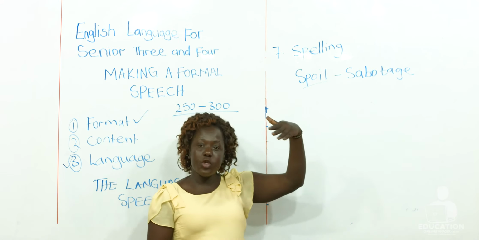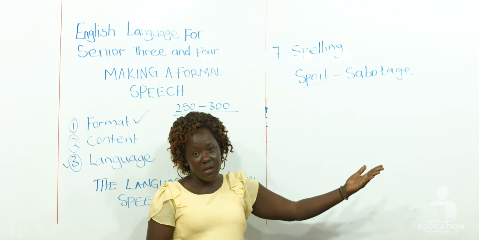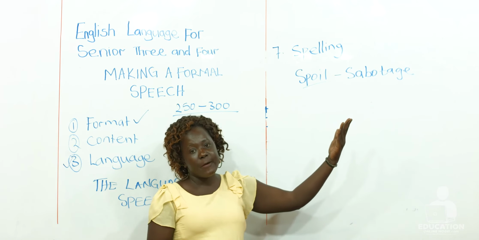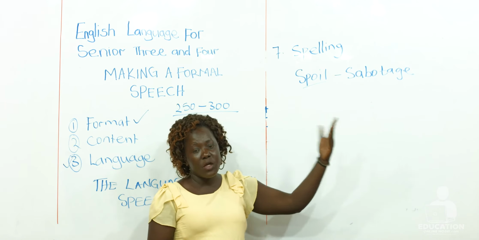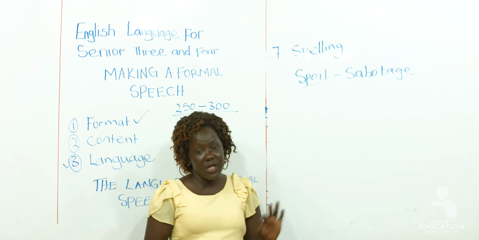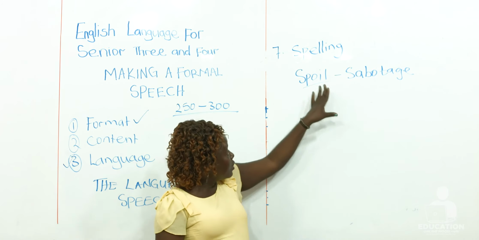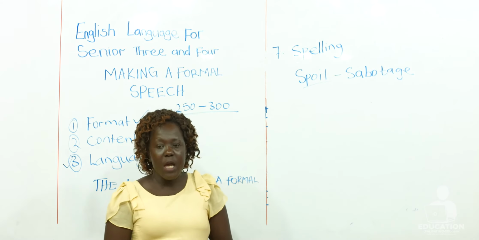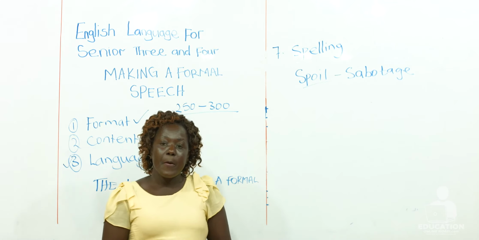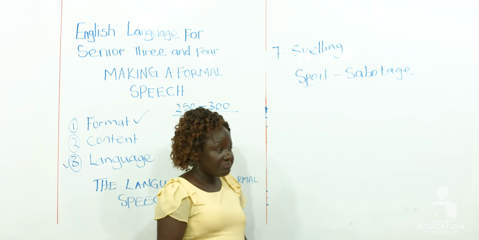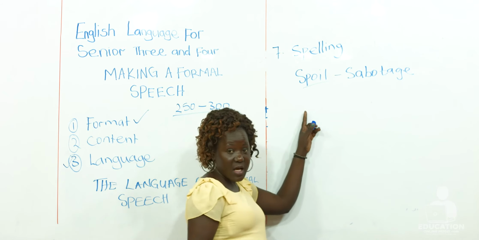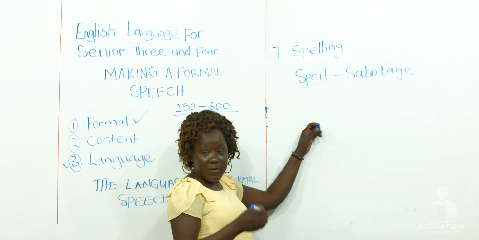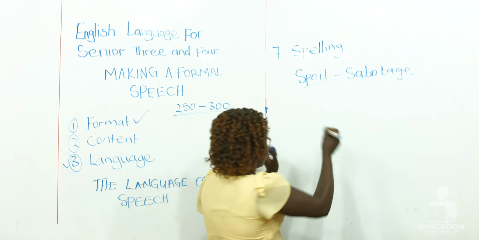Therefore, I appeal to you to use simple words. Don't be ambiguous for nothing. Don't be too pompous for nothing. Use words which you are comfortable to spell. If you want to say, my dear friends and fellow freedom fighters, just write the word friends.